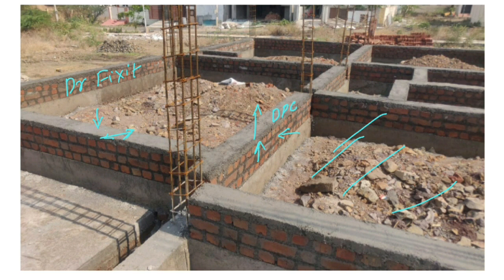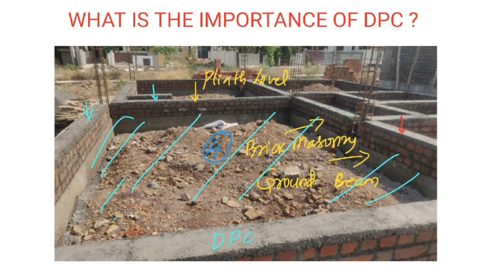Any material which cuts off the capillary rise in the superstructure can be used. Those materials we call damp proof materials, and since we are using concrete here, we call it damp proof concrete. This is the main importance of providing DPC.